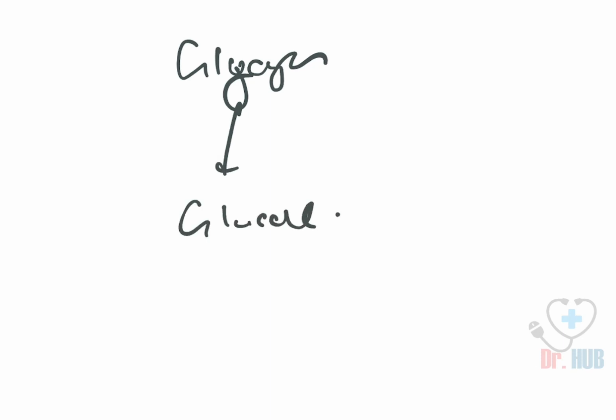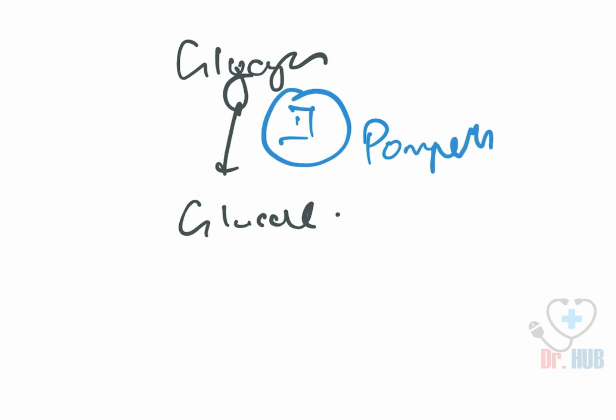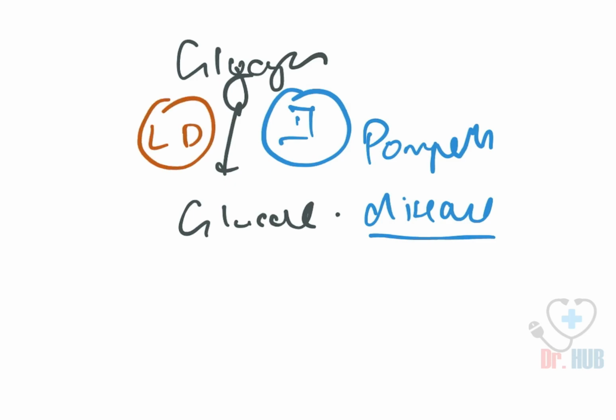There is another step where the glycogen is converted to the glucose, and here the disease involved is nothing but Pompe's disease. In Pompe's disease, what happens is there is lysosomal degradation.